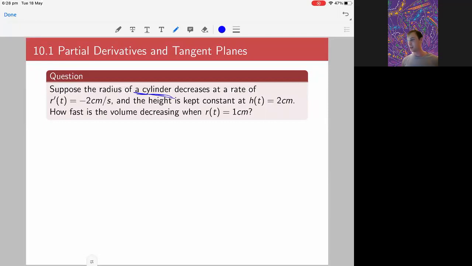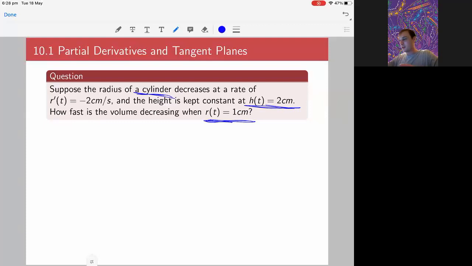We've got a radius, which is changing at 2 centimeters per second, and we've got a height, which, even though we say it's a function, is actually just a constant. The height is kept constant at 2 centimeters. How fast is the volume decreasing when the radius is precisely 1 centimeter?